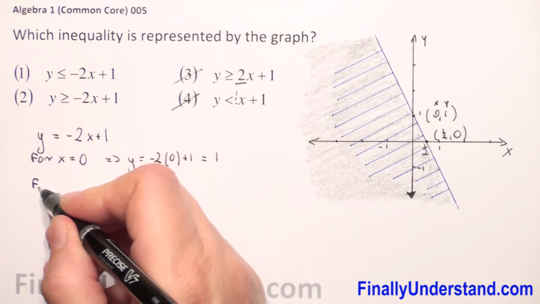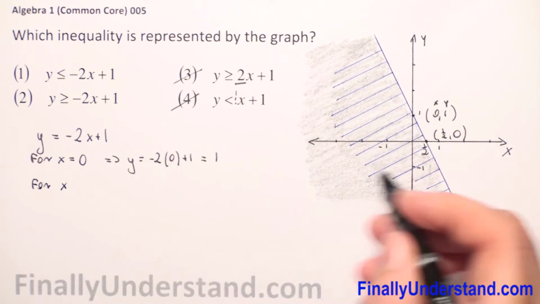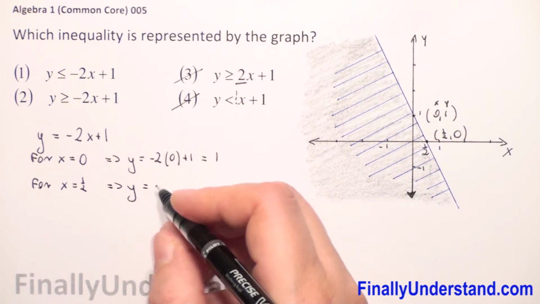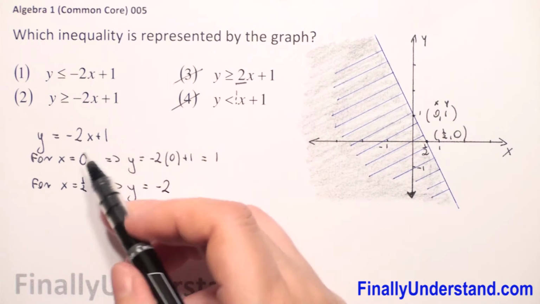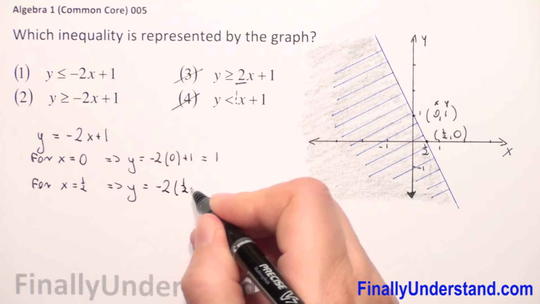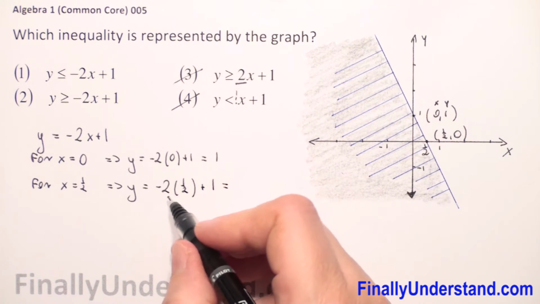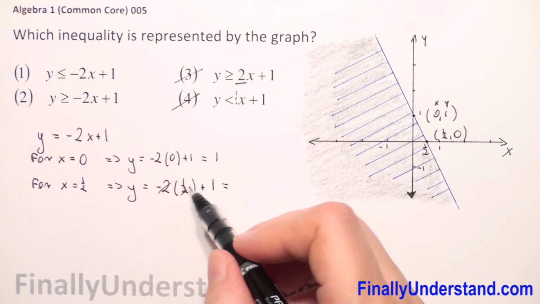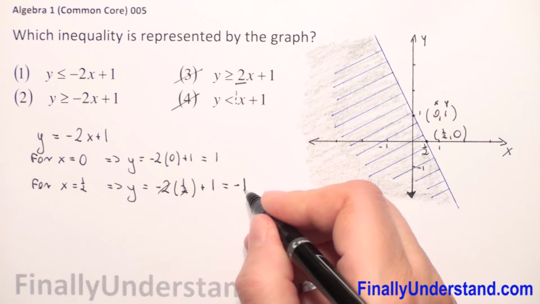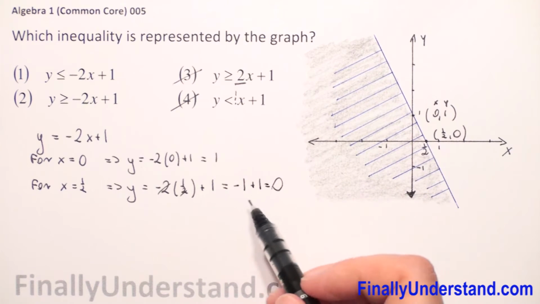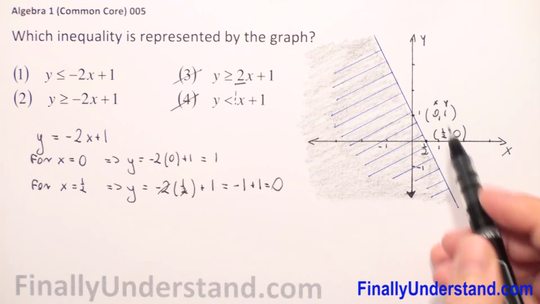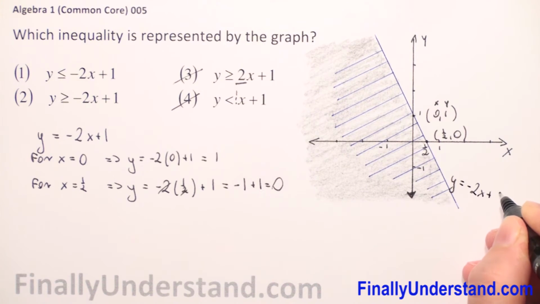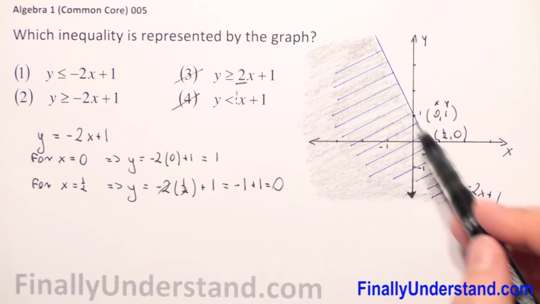What will it be for x equals 1/2? We will have y equal to negative 2, x we substitute by 1/2, plus 1. So this is negative 2 times 1/2, we reduce 2 and 2, so it will be negative times positive, which is negative 1 plus 1, this is 0. So y is 0, everything is okay. This is our line, y is equal to negative 2x plus 1. This line belongs to our graph.